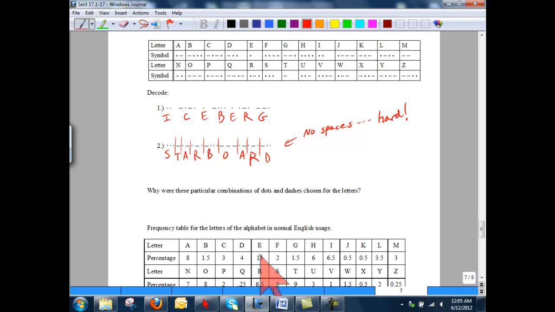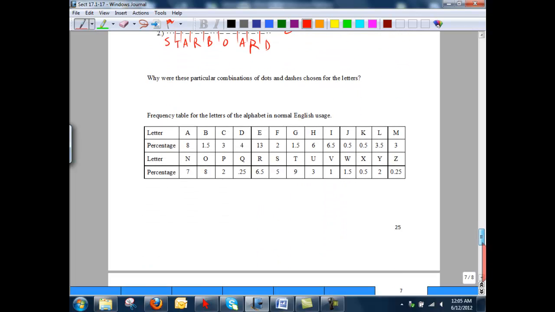E's are used frequently, and therefore it would be a good idea to make the code word for E short, because I'm going to be using that a lot. How about we make it short so that when it does come along, I don't have to type very many strings of dots and dashes. Whereas I don't really care if the word for Z is pretty long. I don't have to use that letter very often, and so the longer words get assigned to the less frequently used letters, and the shorter words get assigned to the most frequently used letters. E and T are the most frequently used, so they get dot and dash respectively.